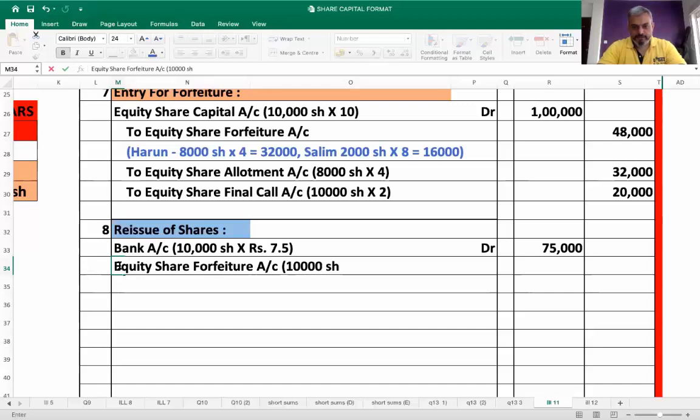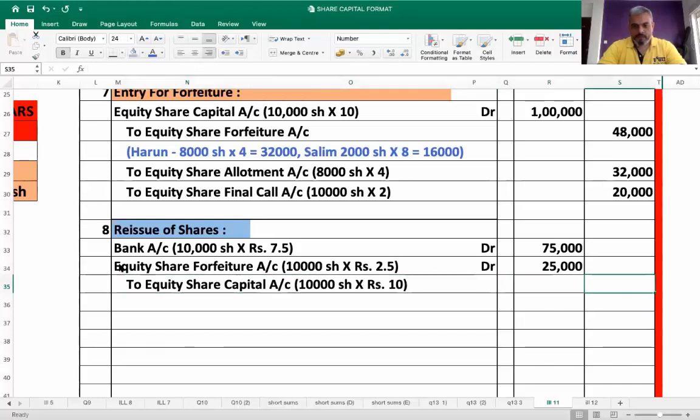10,000 shares into rupees 2.5. So 25,000, and to equity share capital account, 10,000 shares into rupees 10, 1 lakh.